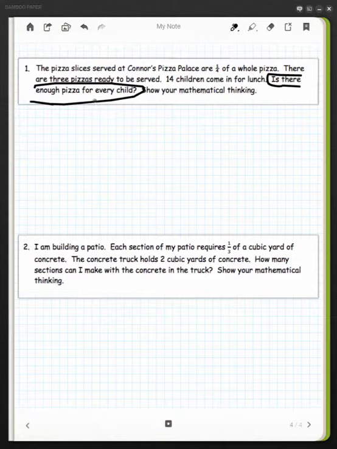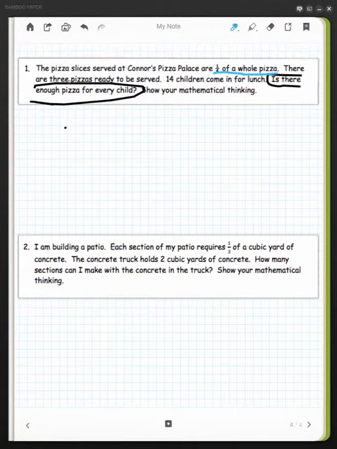So now let's look at our important information. It says, the pizza slices served at Connor's Pizza Palace are 1/4 of a whole pizza. Is this going to help us answer the question? Yes, it talks about how much pizza.